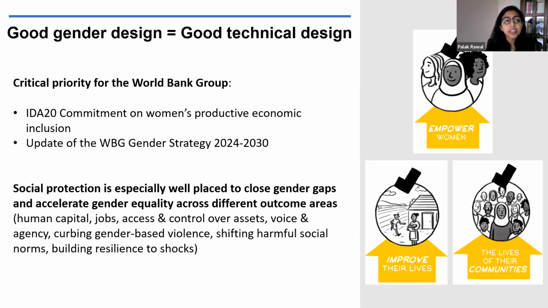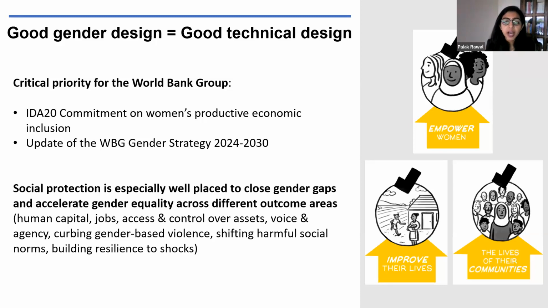Given the diverse needs and challenges of this target group, the program needs to consider these along the project cycle, starting from outreach all the way to evaluation. Therefore, a gendered lens to social protection is not an addition. Instead, it is a necessity for good technical social protection design. For the World Bank Group, it is a critical priority.